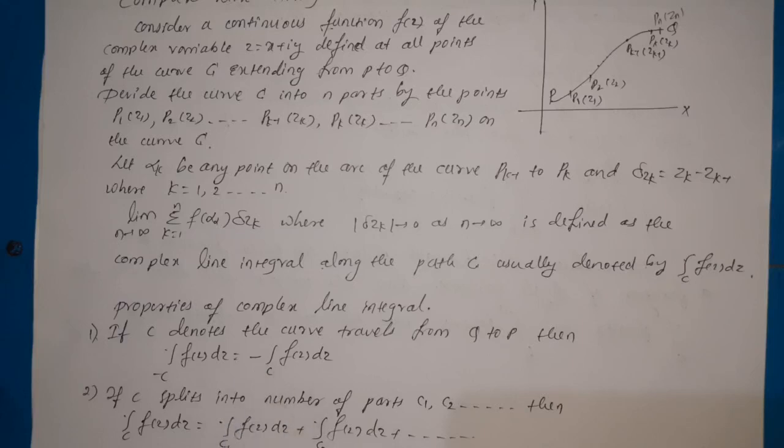The negative sign indicates the direction of the path, whether we are moving from P to Q or Q to P, but the magnitude is the same; only the sign of the integral becomes negative.